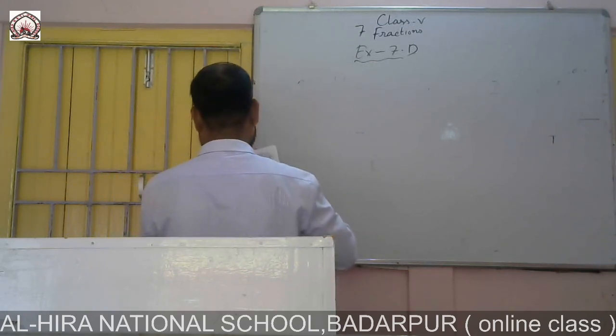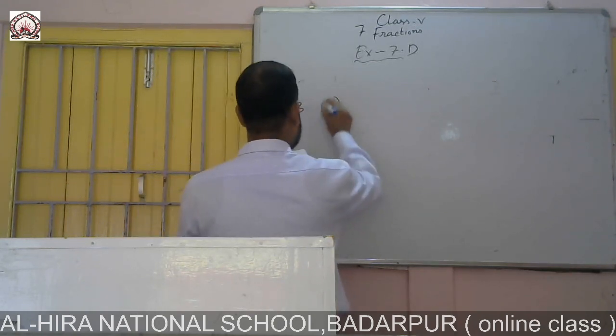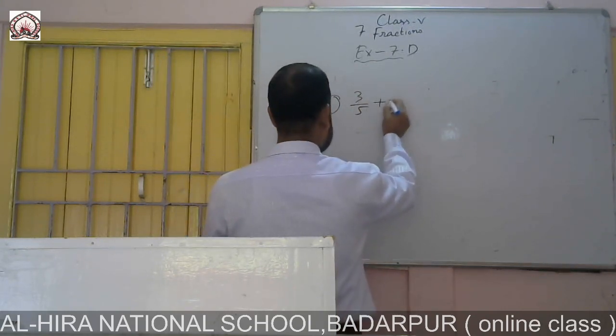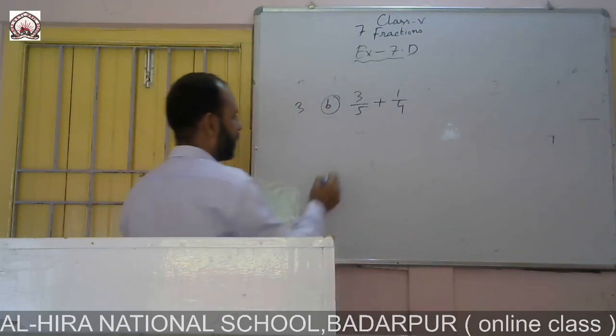Question number 3B. 3 by 5 plus 1 by 4. 3 by 5 plus 1 by 4.